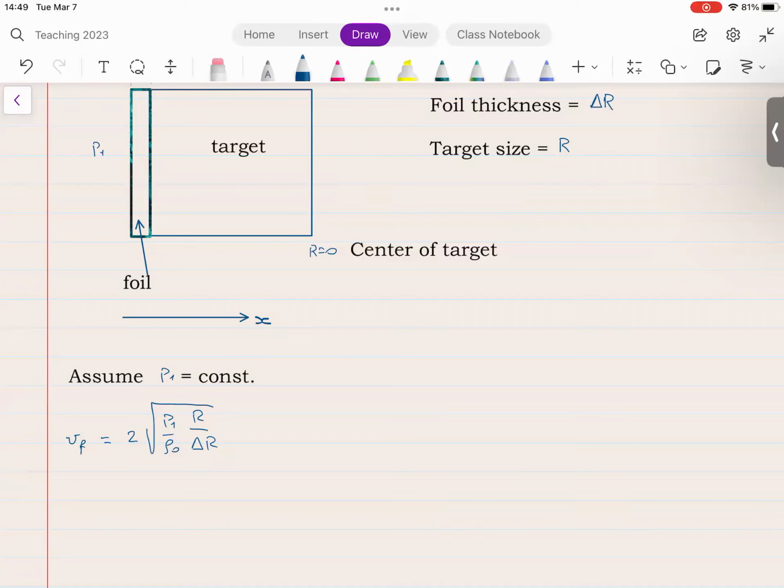Okay, anyway, you see that the velocity increases when the foil is thin with respect to the target. That corresponds to what is called a high aspect ratio target. It's not the high aspect ratio of magnetic fusion.